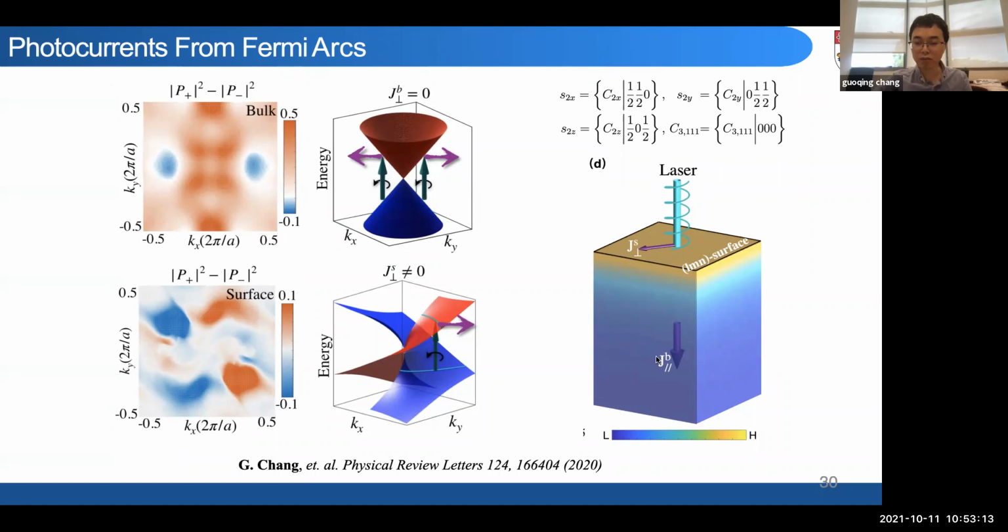Each atom will contribute to the photocurrents. As a result, your bulk photocurrent usually will be at least one order or even two orders larger than the surface photocurrent in a bulk material. So with this mechanism, we can fully distinguish the surface and bulk contributions. We can directly visualize or detect the surface photocurrent in a bulk material.